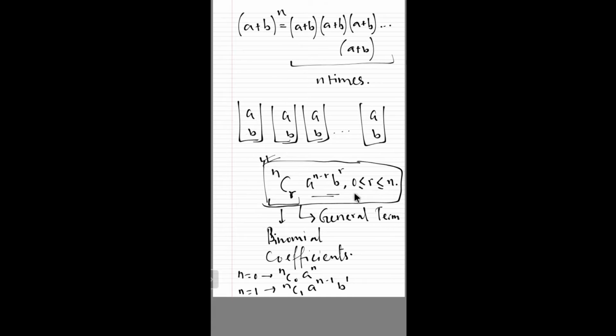The value of r starts from 0 and ends at n. So nc0, a to the power n minus 0, b to the power 0, means it is only a to the power n. Then nc1, a to the power n minus 1, b to the power 1. Then nc2, a to the power n minus 2, b square.